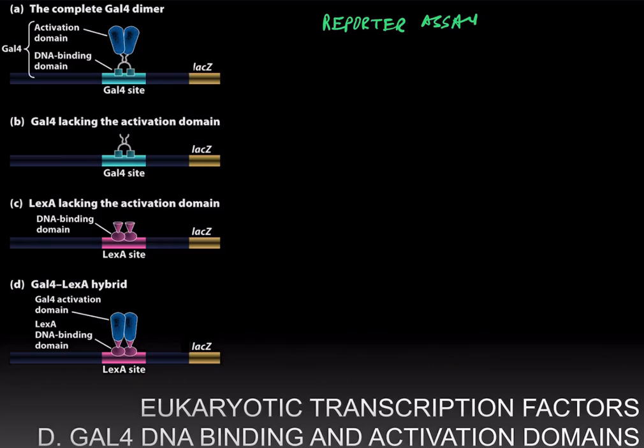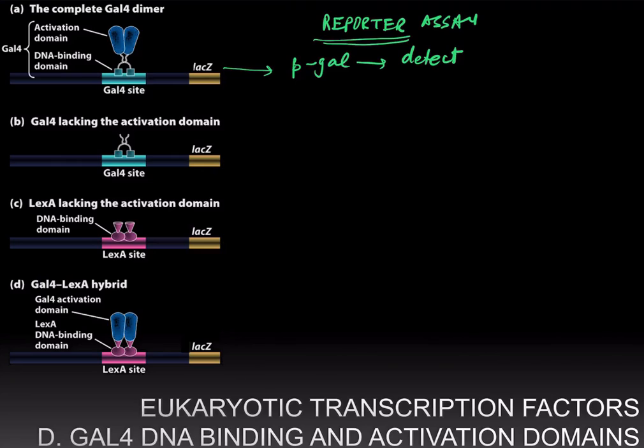Now, basically, LAC-Z will make beta-gal, and then one can carry out enzymatic reactions that allow us to detect if the cells are producing beta-gal or not, and how much beta-gal they're producing. And that's why this kind of experiment is known as a reporter assay, since it reports how much transcription this synthetic gene is undergoing.